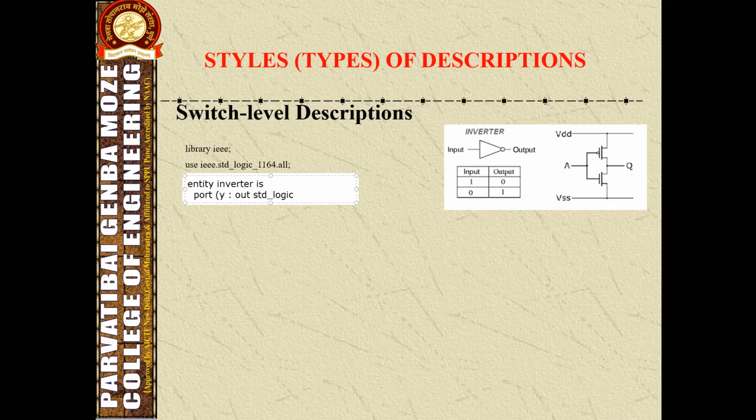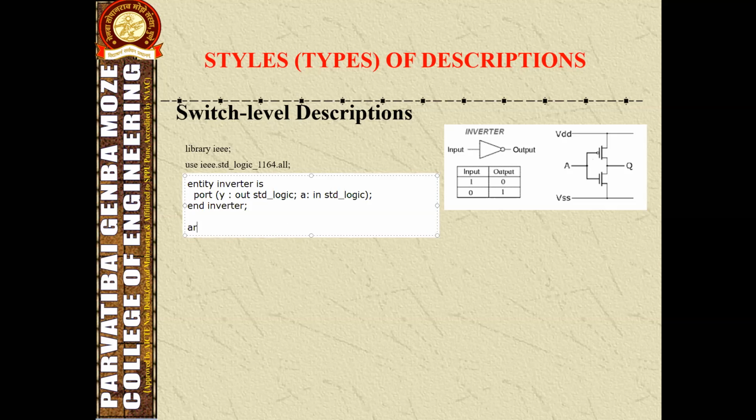And A is the input, which is mentioned by using in std underscore logic. And I am going to end with the name of the entity, inverter. So this is done with the entity.